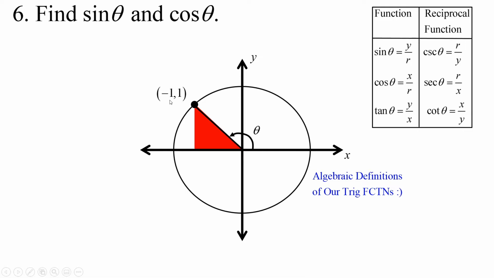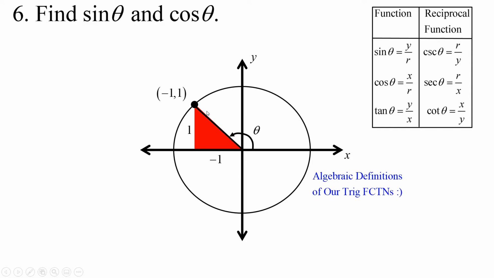The x-coordinate is -1. That means this lower leg right here would be -1 because x is negative. And then this leg would have to be that y-coordinate right there, which is going to be +1.